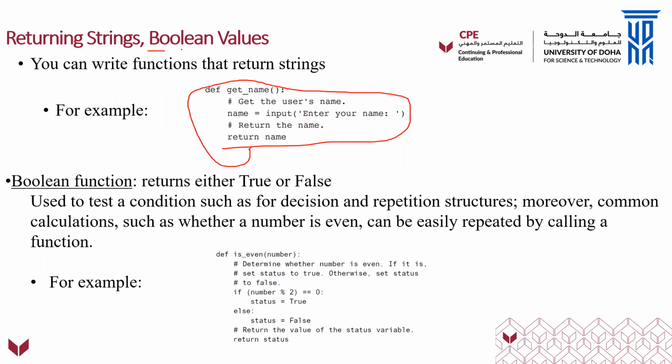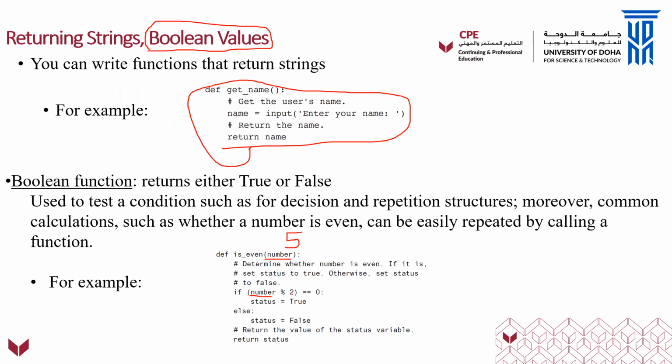Okay, can I write a function that will return a Boolean value like true or false? The answer is yes. So I have a function over here, and this function has the name is even, and it will receive only one parameter, and that parameter is number. Let's assume that the number here is equal to 5.